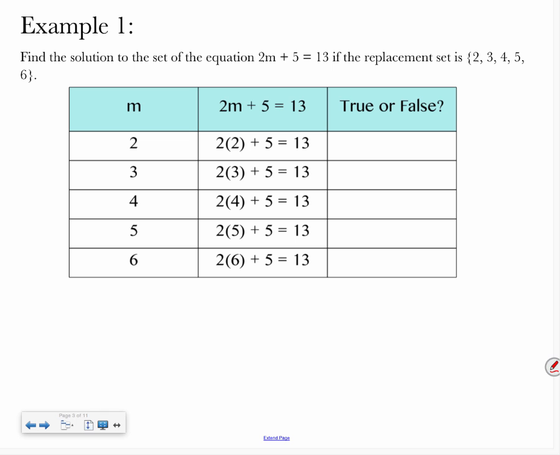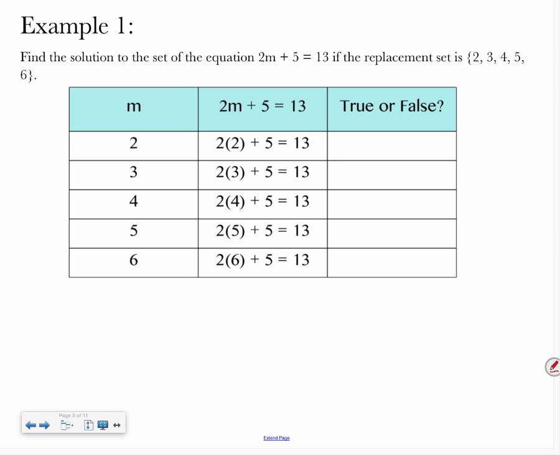Example 1, we want to find the solution to the equation 2m plus 5 equals 13 if the replacement set is 2, 3, 4, 5, and 6. I've already made a table to help organize the data. I highly recommend this when you're testing multiple things because you need to tell me whether each thing is true or false.